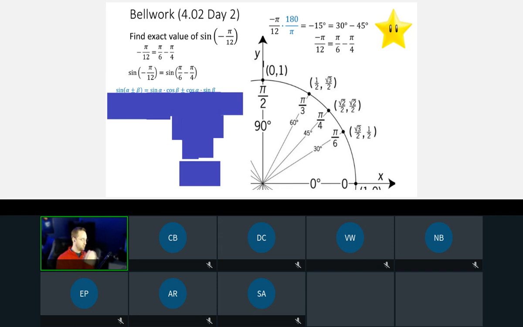And based on how we have it set up here, alpha is pi over 6, beta is pi over 4. And if you notice, it's plus over minus. And because we are doing minus, we are doing the bottom operator. So in the expansion, we are also using the bottom operator. So also happens to be a minus.